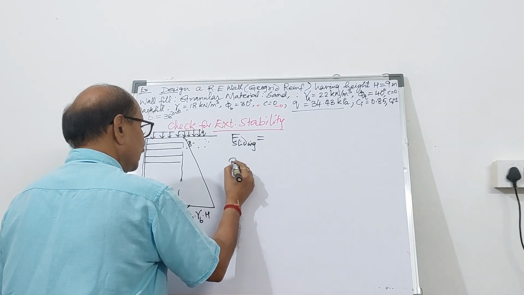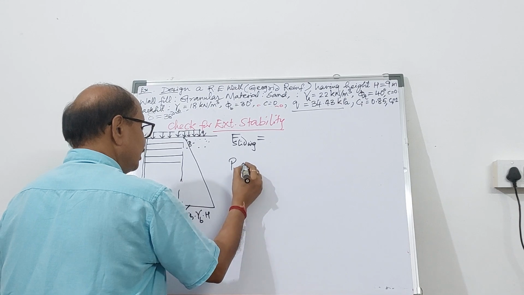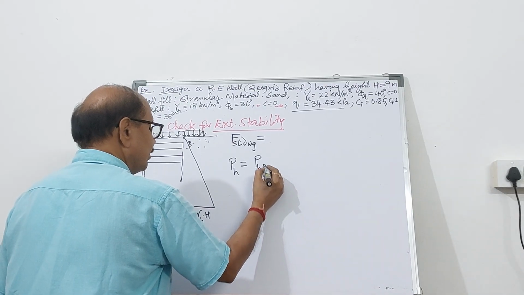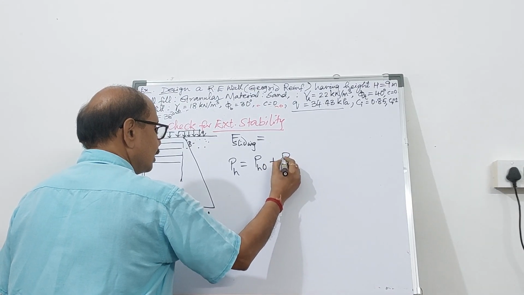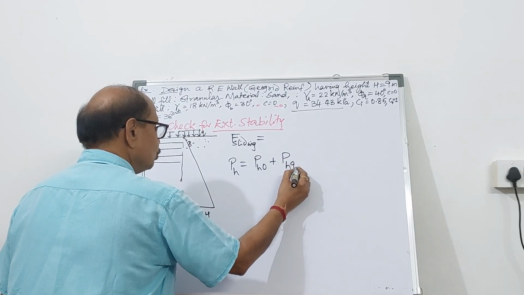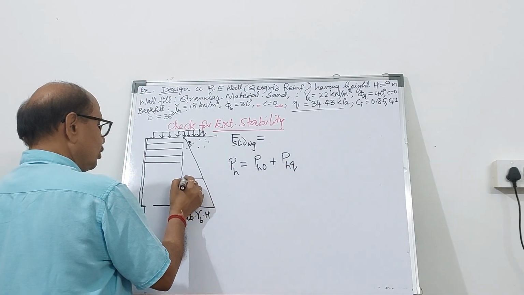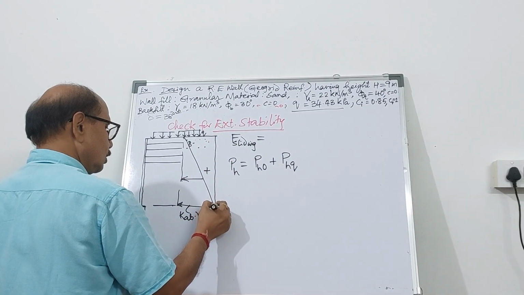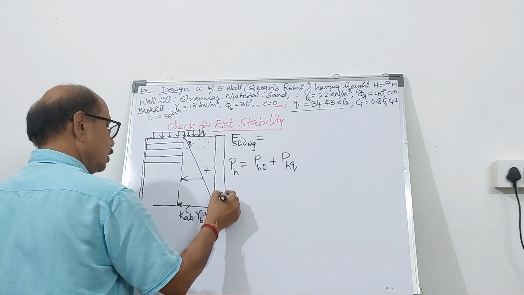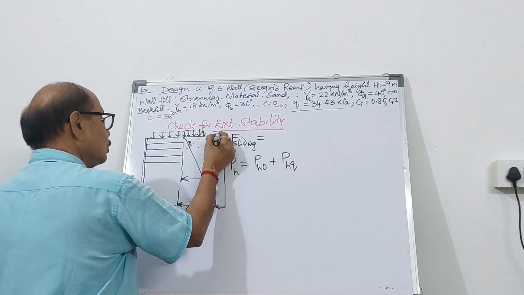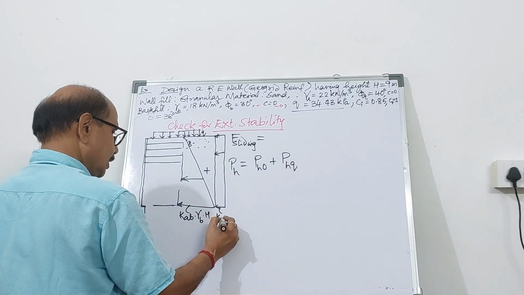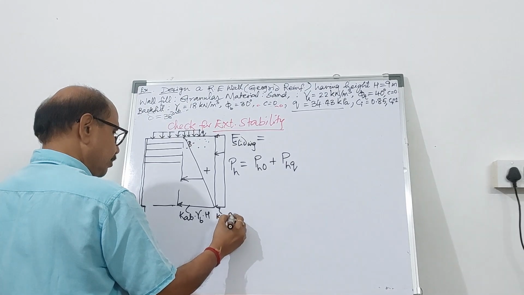So the pH will be the horizontal pressure due to overburden plus horizontal pressure due to surcharge. So this is due to overburden, and plus this is due to surcharge. This will be K due to backfill multiplied by Q.